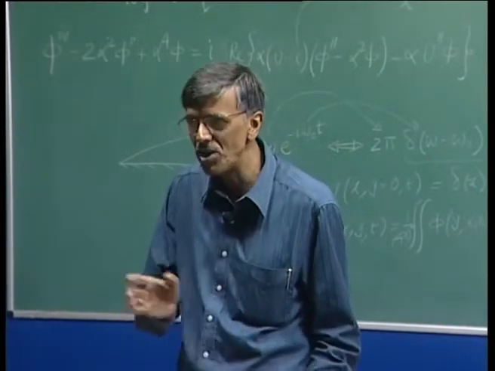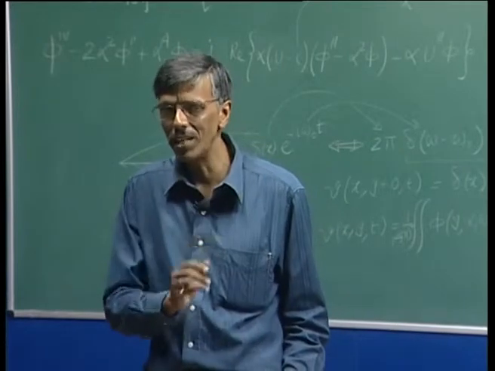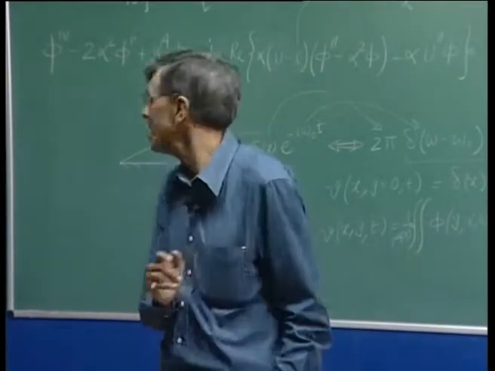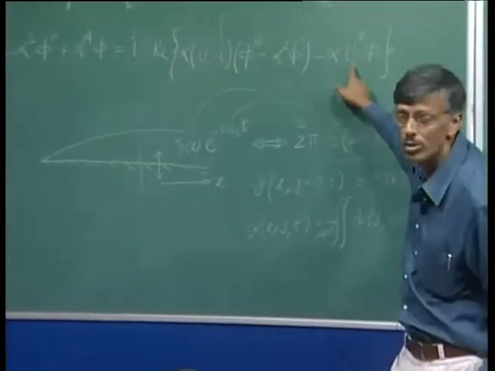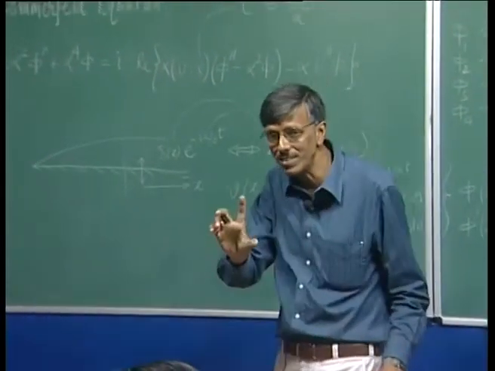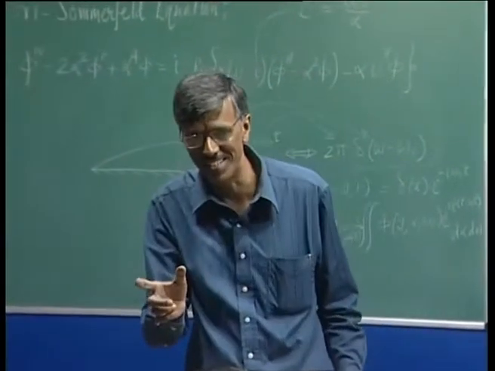Because what happens? By changing the pressure gradient, what am I doing? I am changing u, I am changing u double prime. So, you can see the transfer function of the system can change.